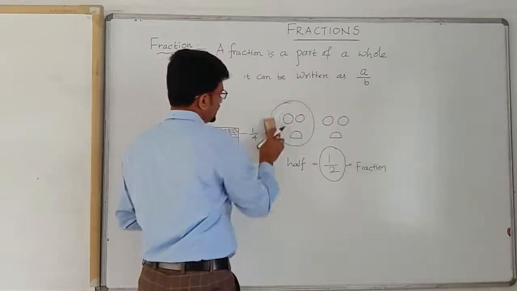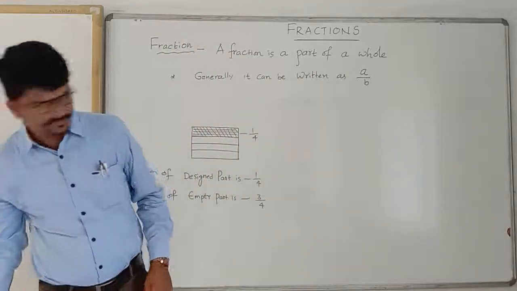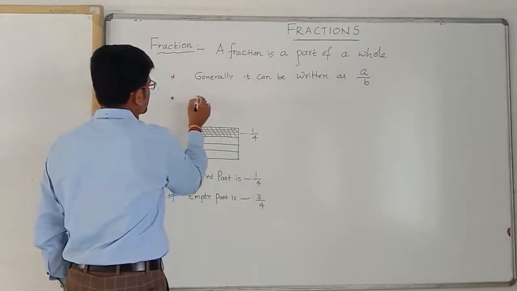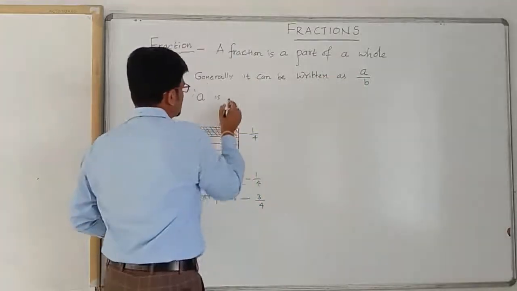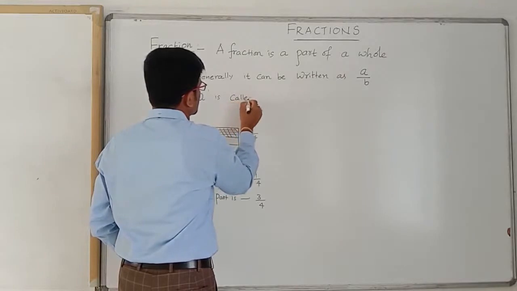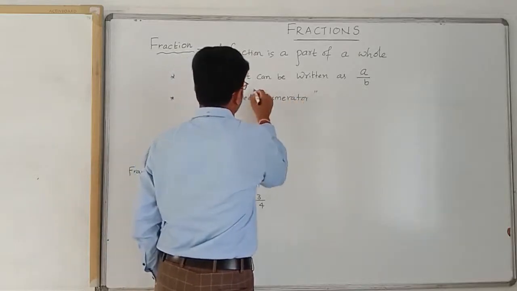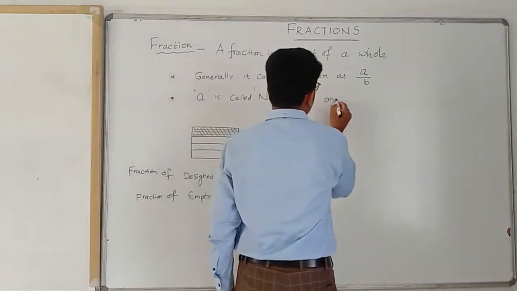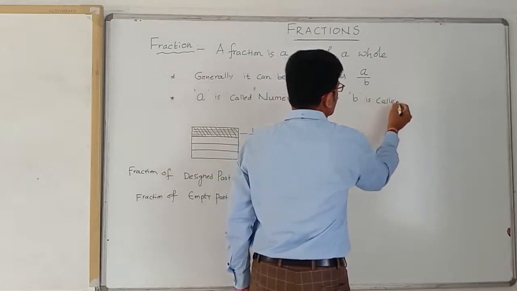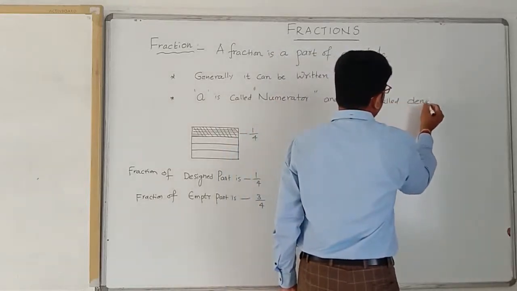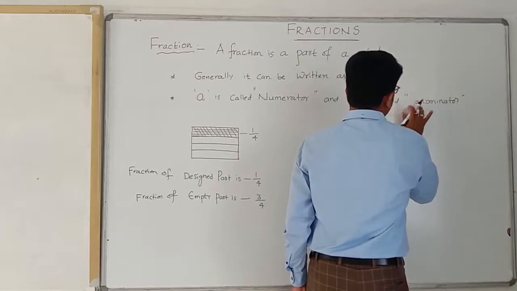In the fraction, 2 parts are there. The upper one, A, is the numerator, and B is the denominator. You can use capital letters.